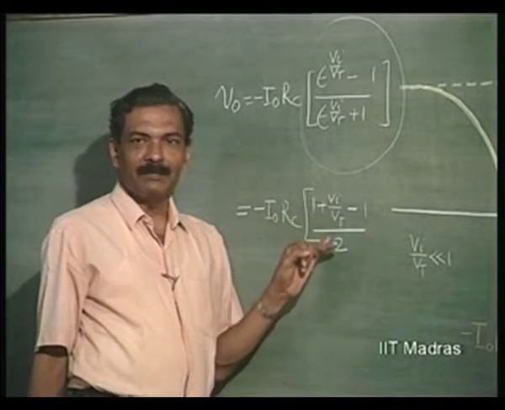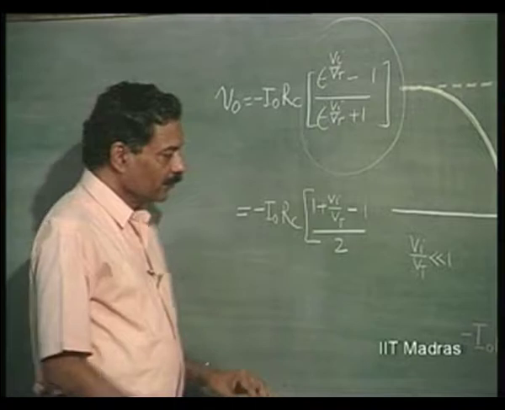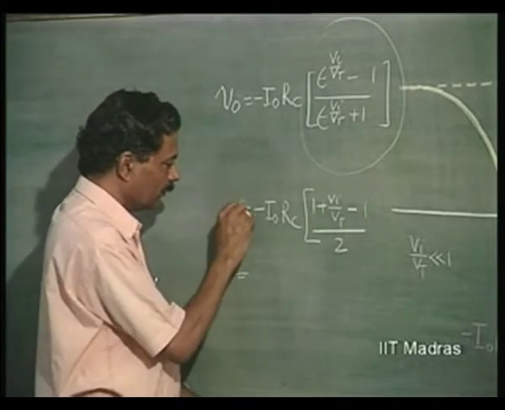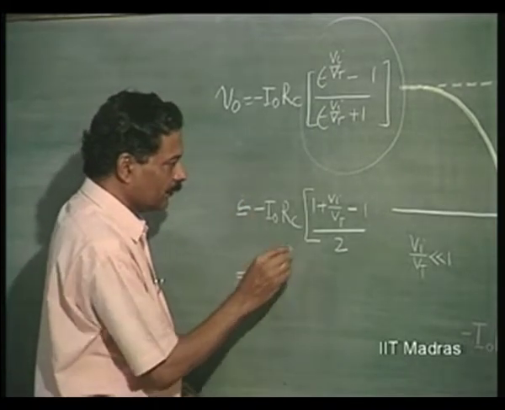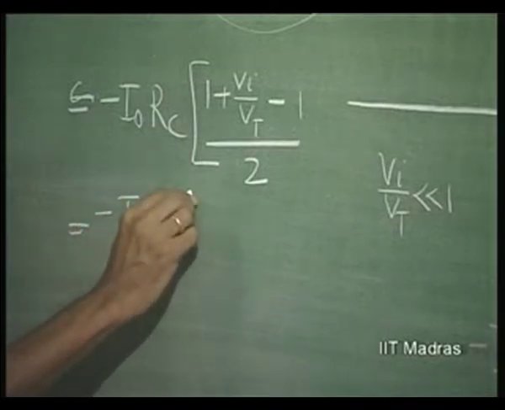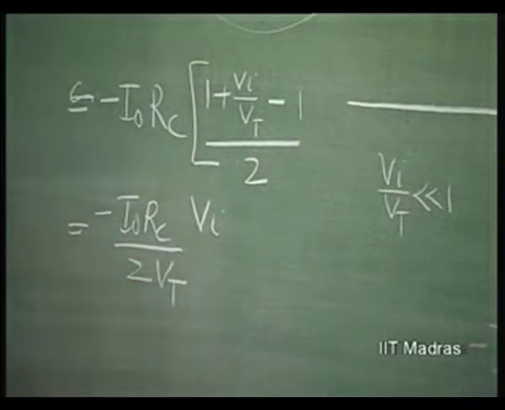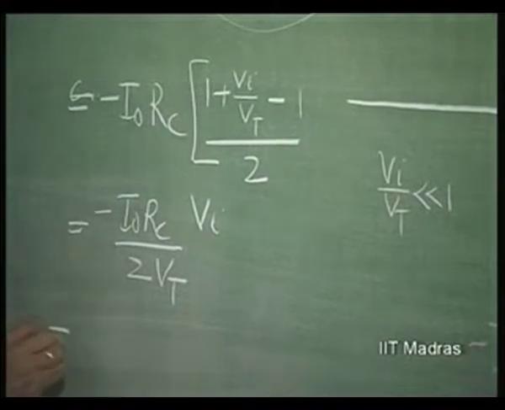So, VI by VT becomes the dominant factor, so you can't neglect it. So, this becomes minus I naught RC into VI divided by 2 VT.